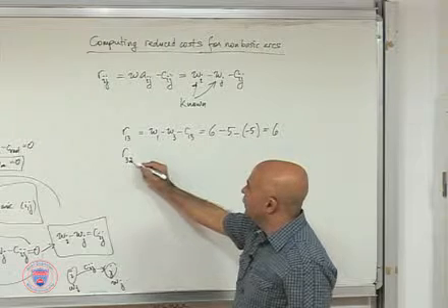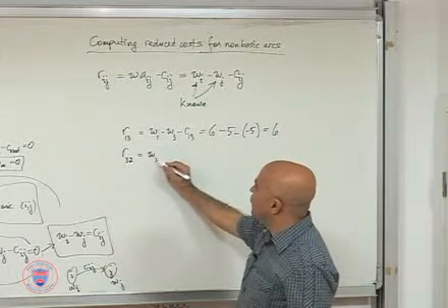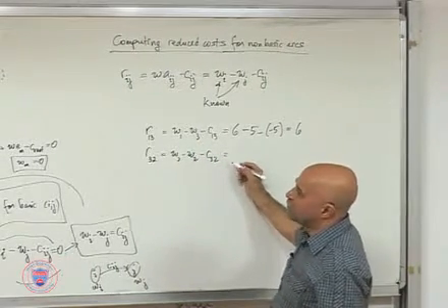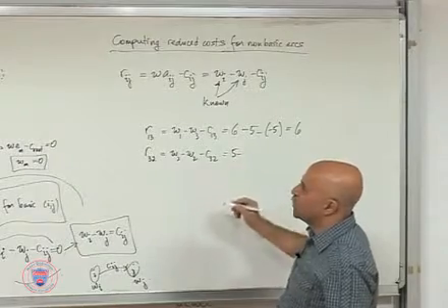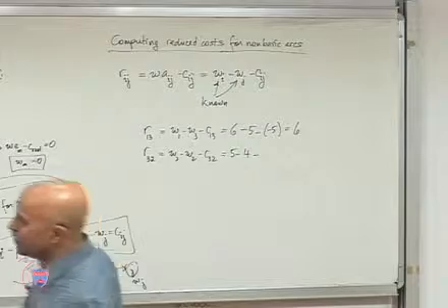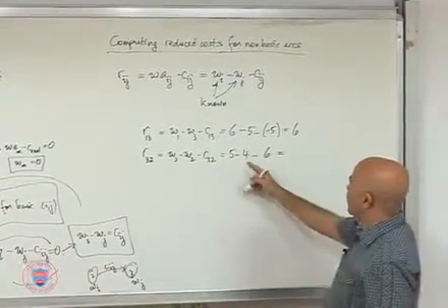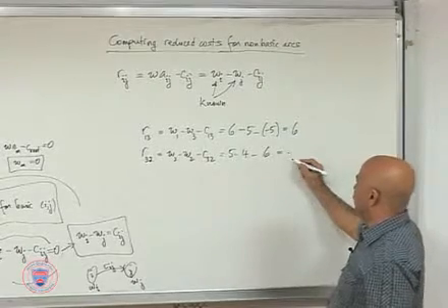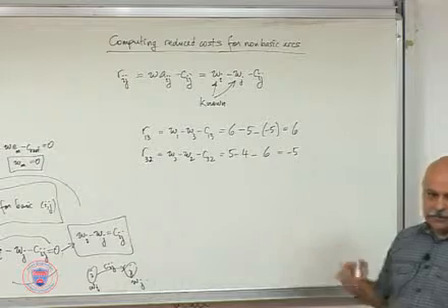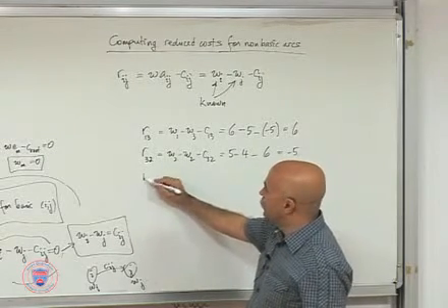R32 will be W3 minus W2 minus C32. W3 is 5. W2 is 4. C32, 6. So how much is this? Minus 4. No, minus 5, right? Minus 5. Do not enter this one. What else? R34.